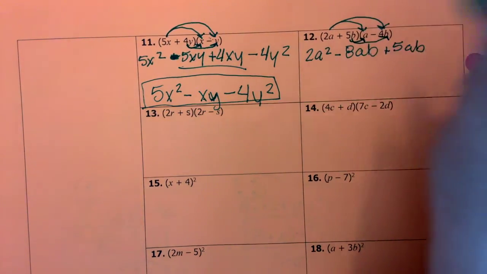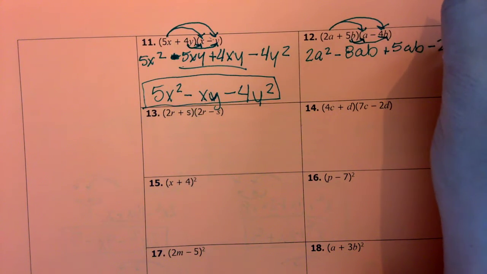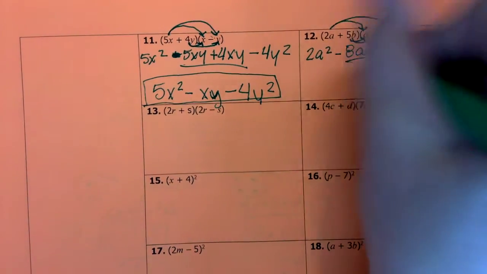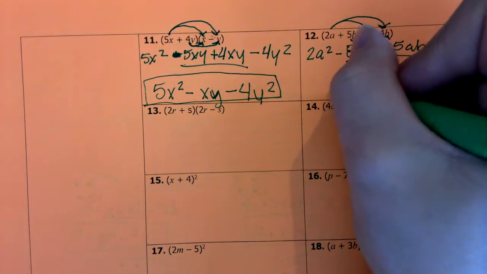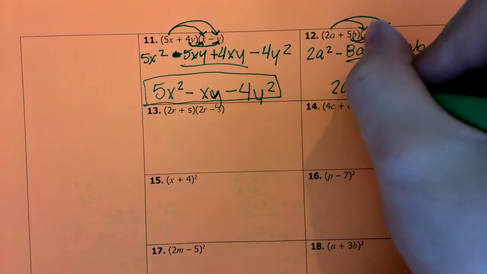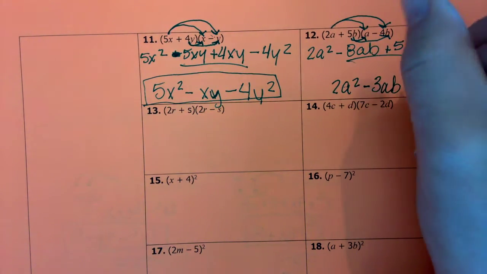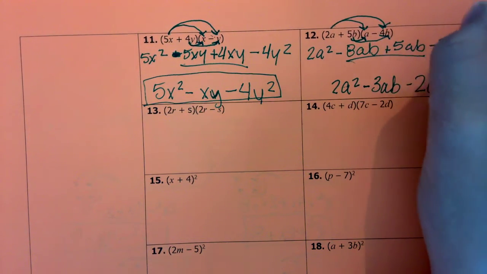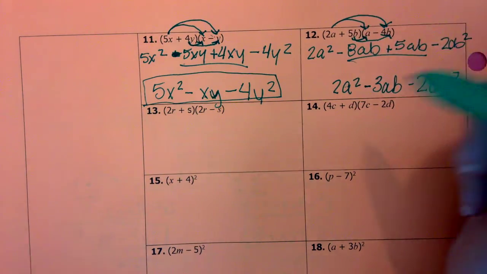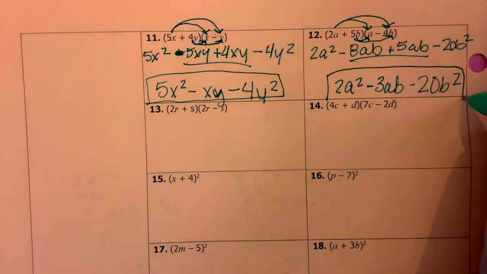And 5b times negative 4b gets me a negative 20b squared. Combine my middle terms, so I'm going to get a final answer of 2a squared minus 3ab minus 20b squared. Okay, and that's my final answer right there.